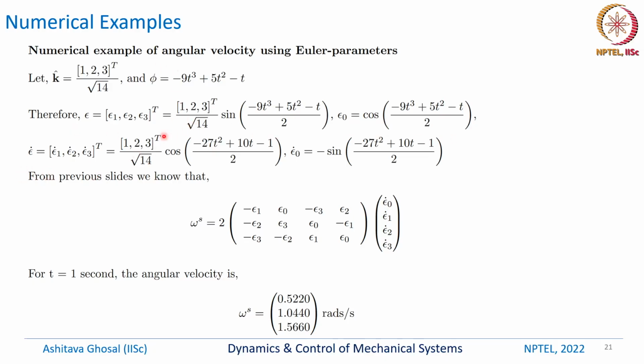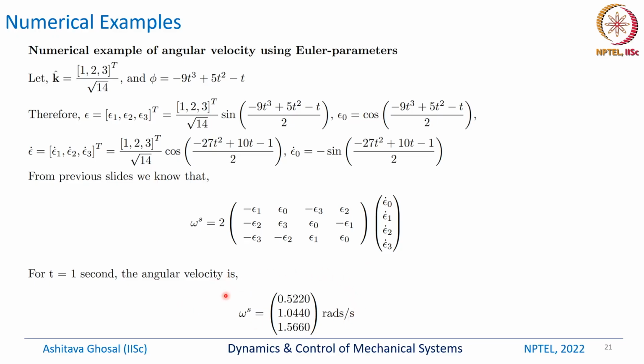Epsilon dot, I can take the time derivative of this and obtain this. Epsilon 0 dot is given by this, and from the previous slide we know omega s is some 3 by 4 matrix of all the 4 Euler parameters into epsilon 0 dot, epsilon 1 dot, epsilon 2 dot, epsilon 3 dot.